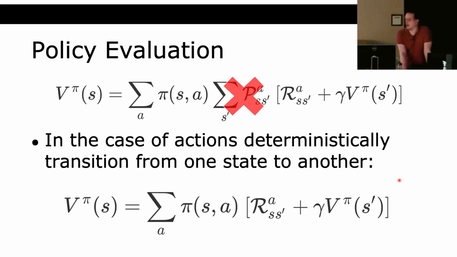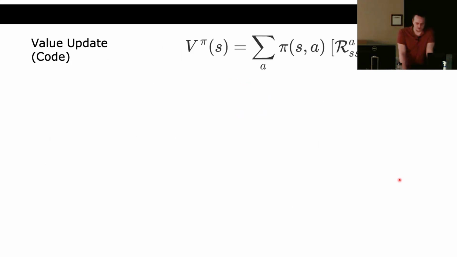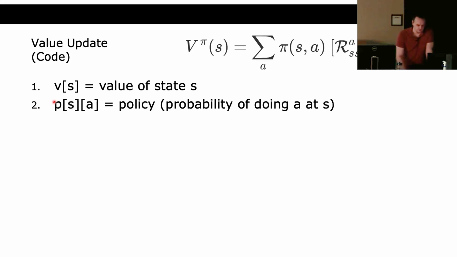I don't know about you, but I still prefer to look at things in terms of code instead of math formulae. That's just how my brain operates. So here's the formula up there. Let's turn that into code. So v of s, this is the current value of s. Now this is given a policy, but we're just going to make our variable in our code v.